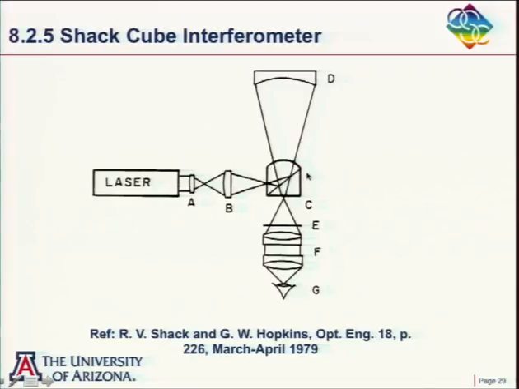We put a plano convex lens and cement it on the surface, and we want one where the center of curvature for this surface is also at the other side of the cube. So this beam comes out here, it's normal to this surface, and it's reflected right back on itself. So that will serve as the reference, and this is our test.